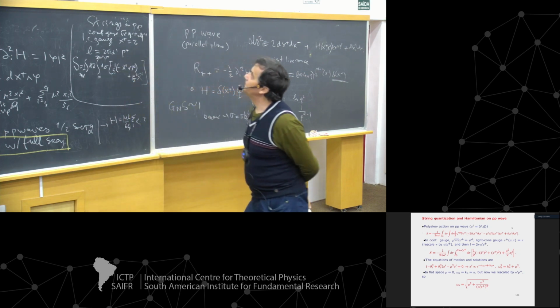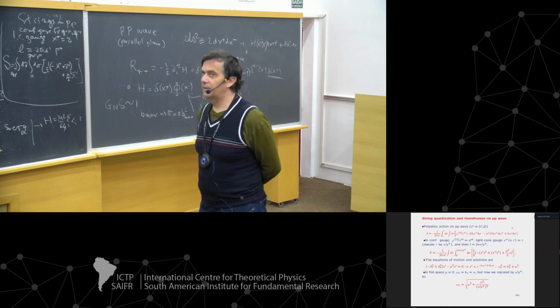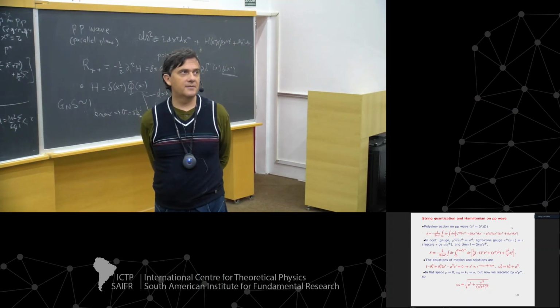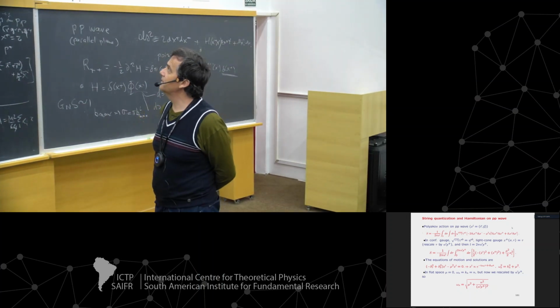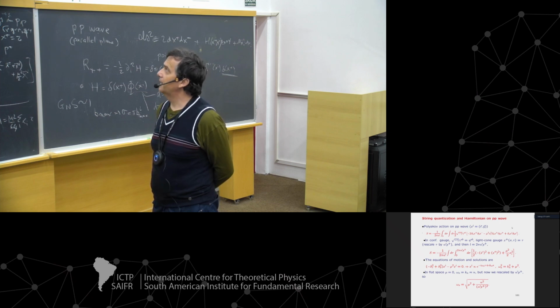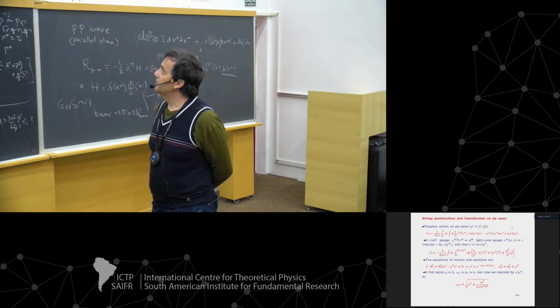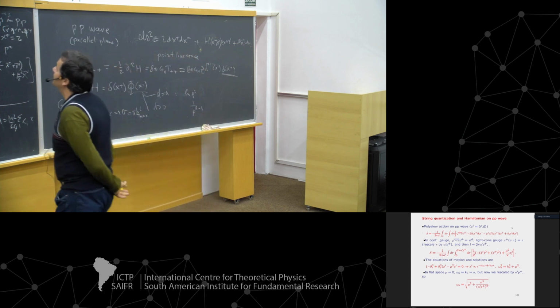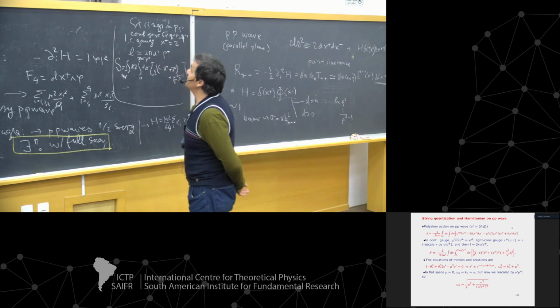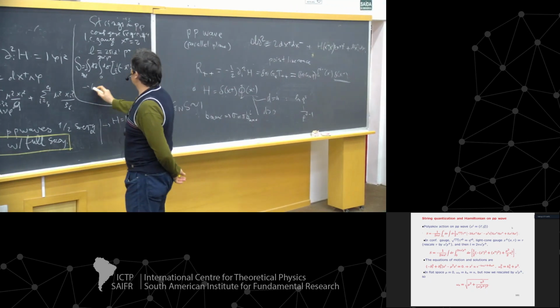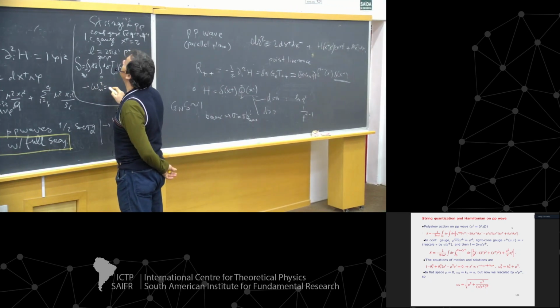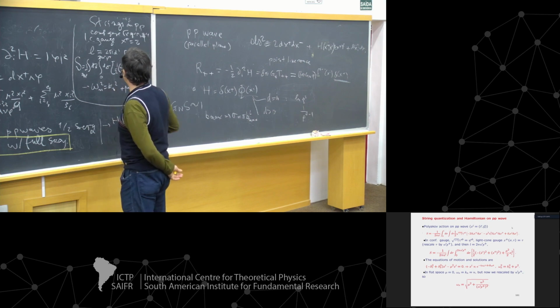Okay, so it's a very simple action now, just a massive scalar field in 2 dimensions. And the equation of motion for that is the Klein-Gordon equation with solutions, plane waves, with omega being square root of k squared plus mu squared, the mass term.